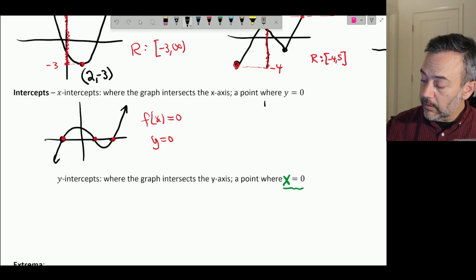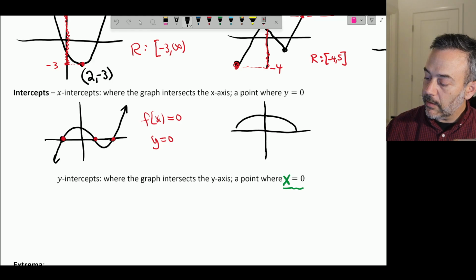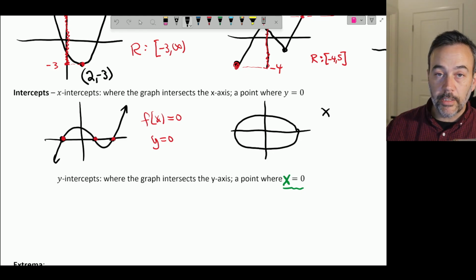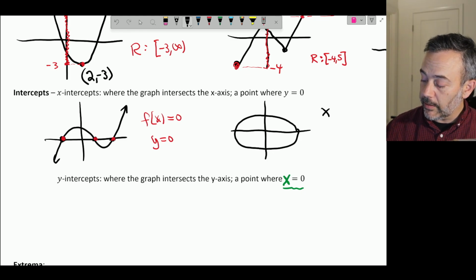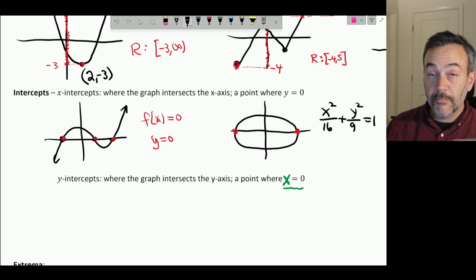In the future, next semester, we're going to see graphs like an ellipse. An ellipse example, you don't need to know this for this unit. This is just next semester, we're going to see graphs that look like this. This graph has 2 x-intercepts. And just for fun, the equation of this graph might be something like x squared over 16 plus y squared over 9 equals 1, for example.